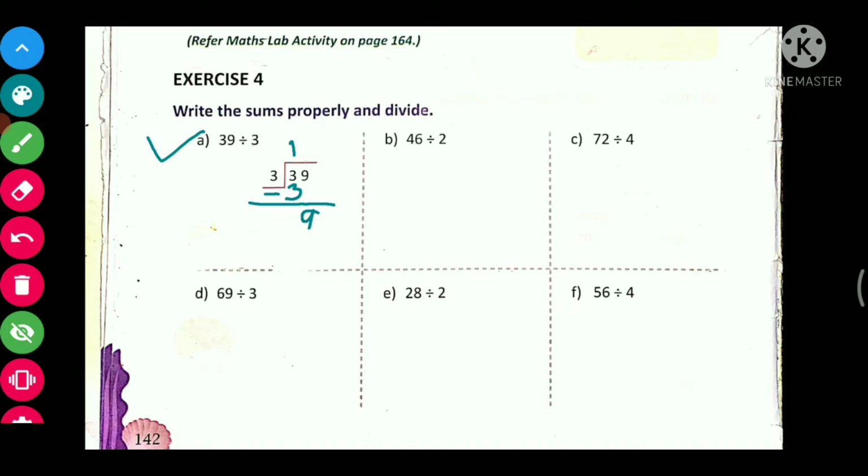So we'll write 3 here and 9 here. Here our quotient is 13, and our remainder is 0. Like this only you have to write.